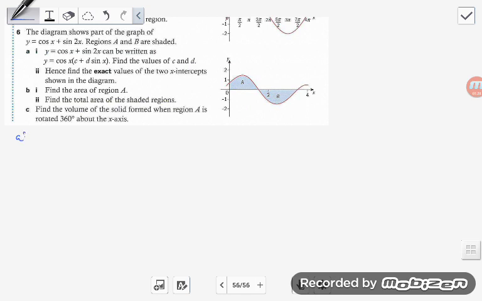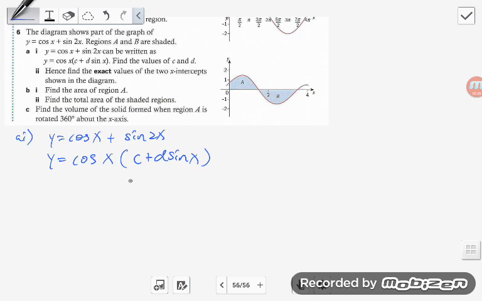Okay, so for part A, number 1, we can write this equation, y is equal to cosine x plus sine 2x, as y is equal to cosine x multiplied by c plus d sine x. So we need to change the way the equation looks so that it's in this factored form.